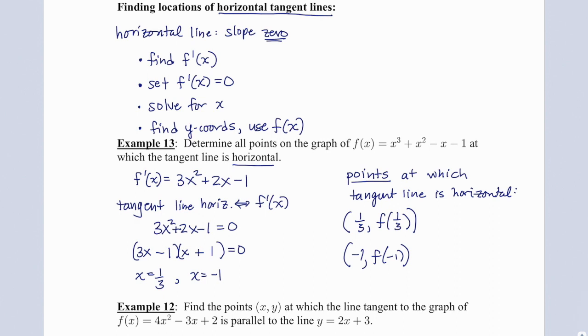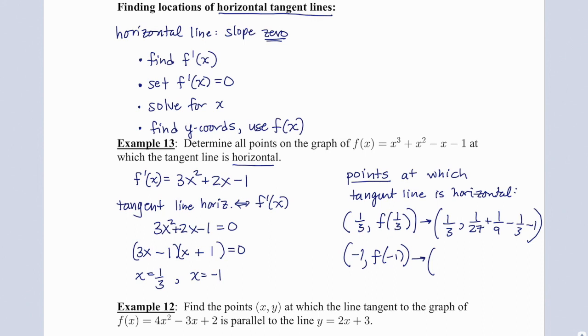So let's see, if we put 1/3 into f, we'll have 1/27 plus 1/9 minus a third minus 1. I'm just going to write that. And you could compute that fraction. I'm just going to leave it like that, just emphasizing that you'll put the x back into the original function.